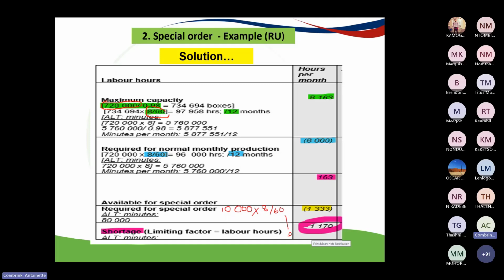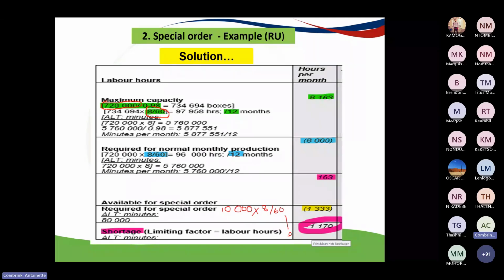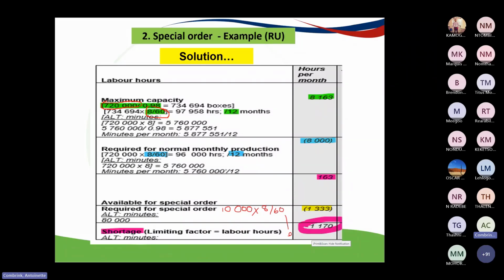So we take the 8 minutes that they use for labor hours, which was the kneading and the mixing, if I remember correctly. And remember, we gave you the 720 per annum, but they just want 1 month, so we need to divide it by 12. And that's how we get the hours per month.